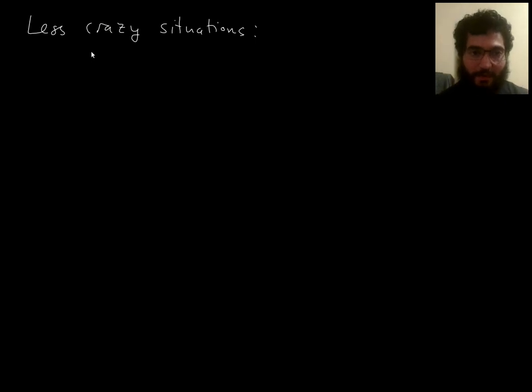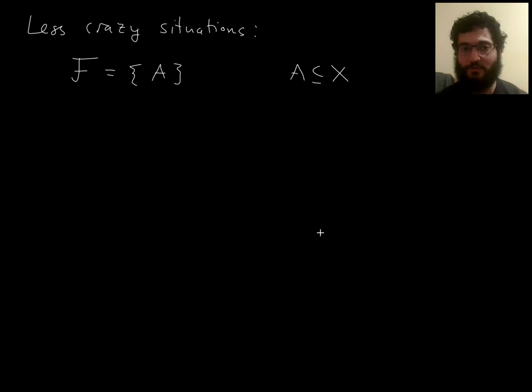But there are some less crazy situations. If F just has one set, so say it's just a singleton, A is just one subset of X, and you just want to generate using one set. That's not so crazy.